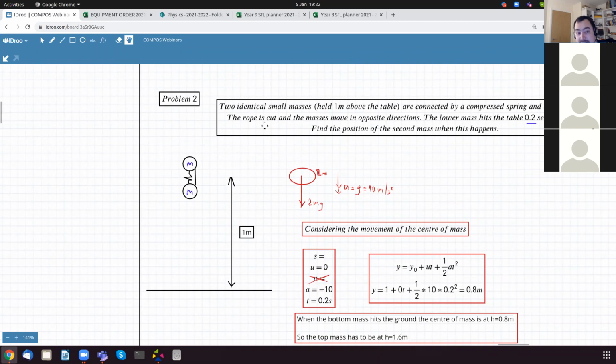They are of equal mass, but that's not the thing. How come I can say that it's at 1 meter? Short string, yes, that's important. Short string. When I say short, what does short mean? Short compared to what? The height, of course. The string is very short compared to this height.